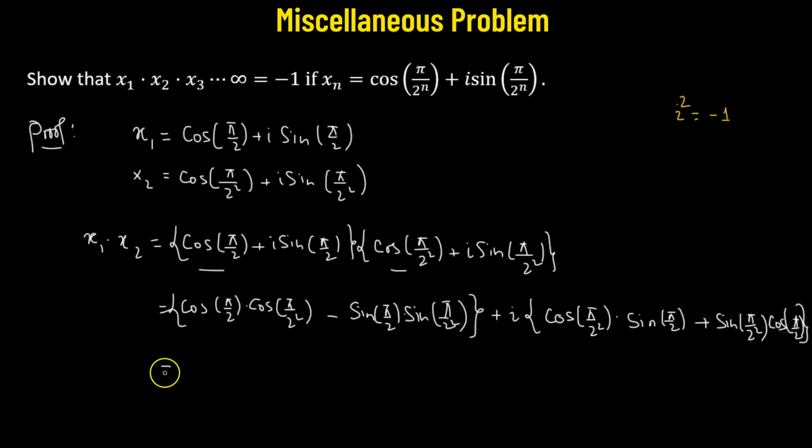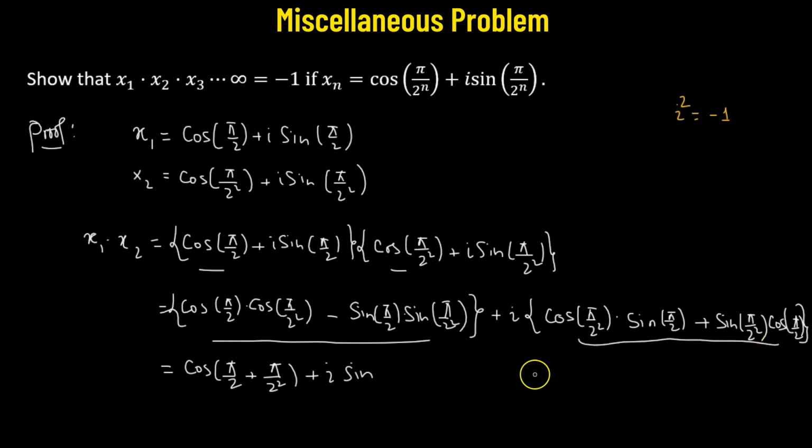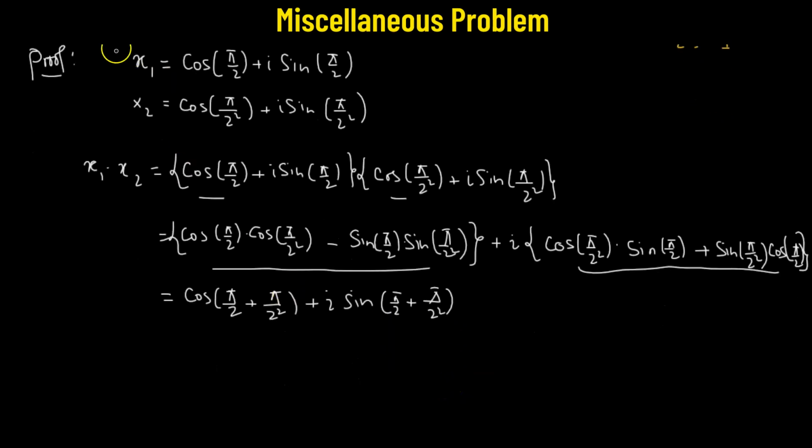Right. Actually this is the expansion of cosine of pi over 2 plus (pi over 2) squared plus iota times sine of, and this particular expression is the expansion of pi over 2 plus (pi over 2) squared. So what I wanted to show you here is if we take x1 and multiply it to x2, then we simply see that the arguments get added.